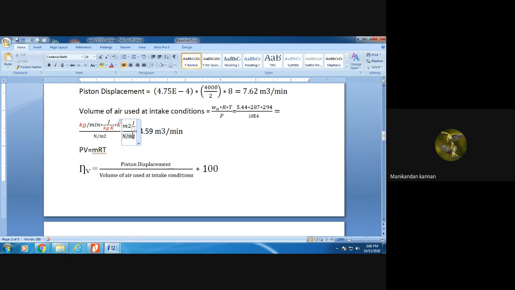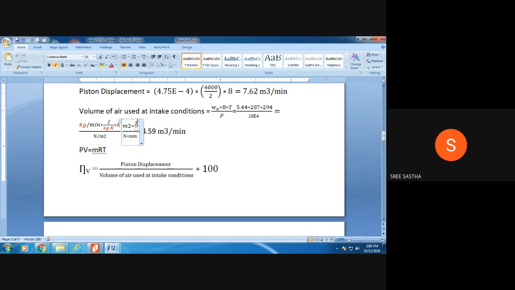Are you able to understand? It is Newton per meter square. It is going to the numerator as meter square multiplied by joule, and this minute is coming down. Later it will be clarified. So Newton into minute.